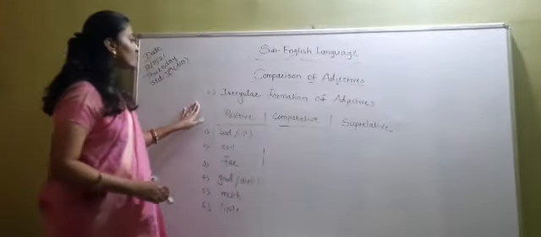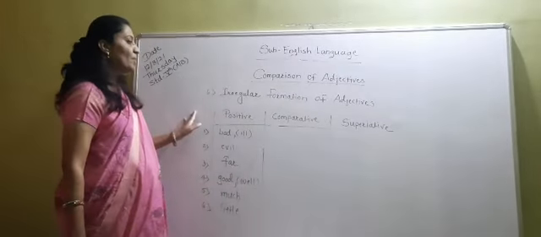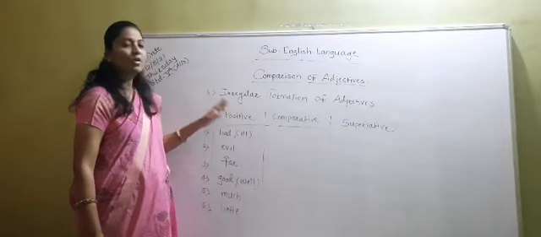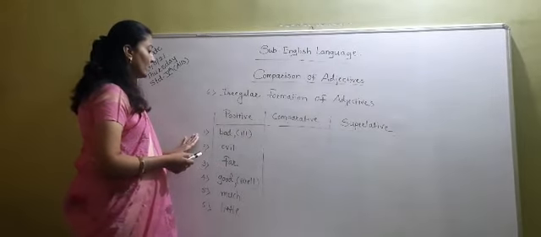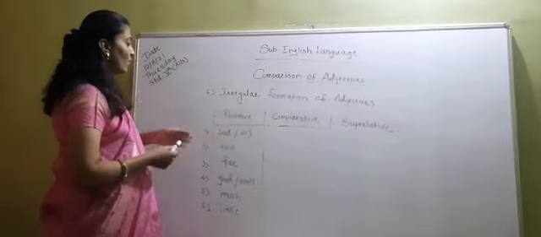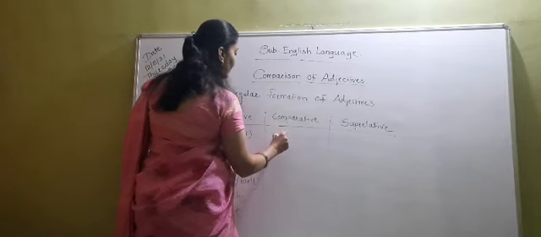Now students, see, sixth one is the irregular formation of adjectives. Means there is no particular rule about this formation of adjectives. Okay. So now see, if the adjective is bad or ill, so in comparative we have to use worse.